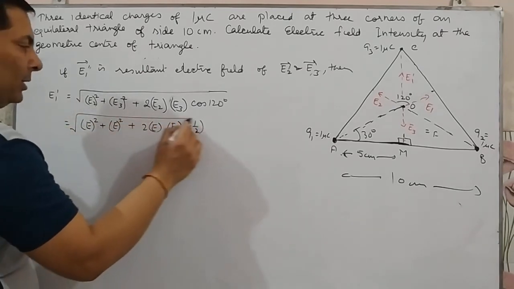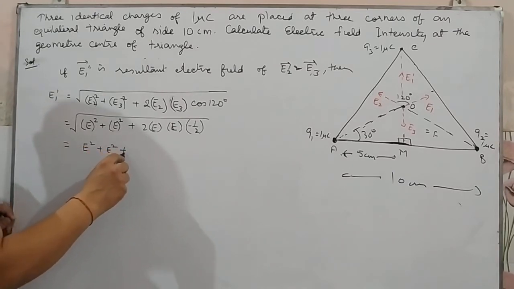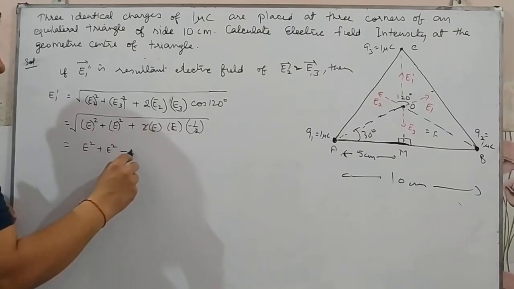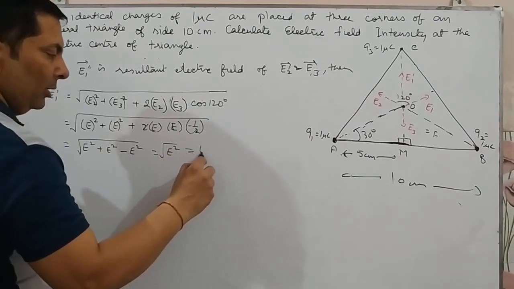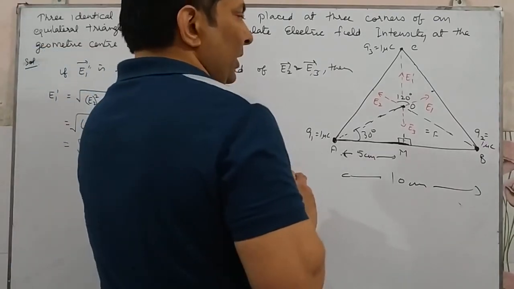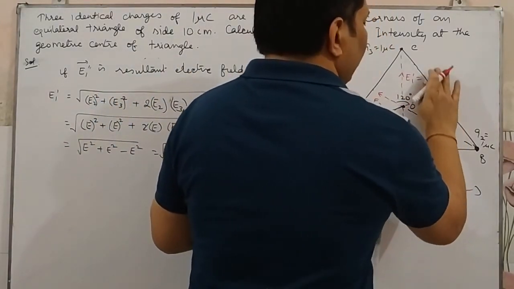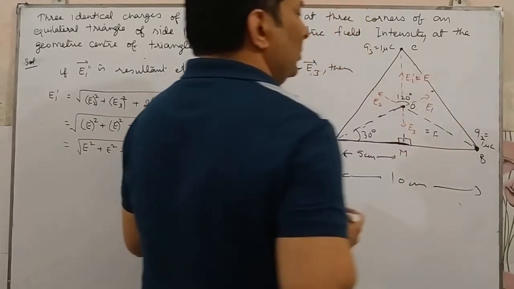So we'll write it as, cancelling 2 here, we have minus E square. So the result comes out to be E square, that is equal to E. That means that E1 dash is also equal to E. E1 dash is equal to E again.